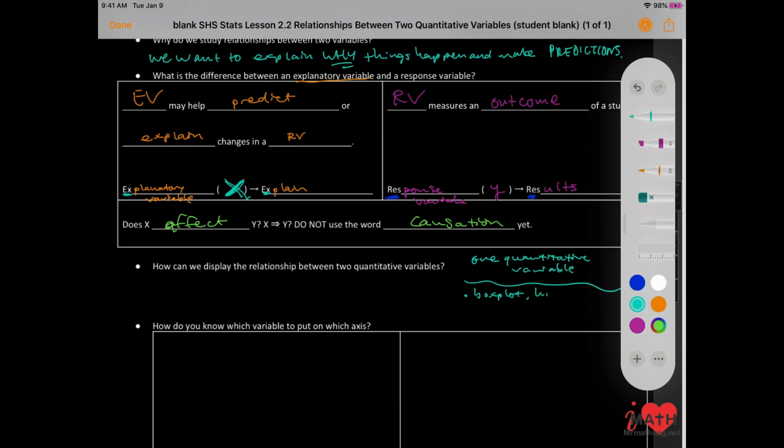We can make it a histogram. What else? There were dot plots. So we could have used all of those, but for our case here, when you have two quantitative variables, again, look above, the EV, RV, those are the x's and y's, you have something called a scatter plot.